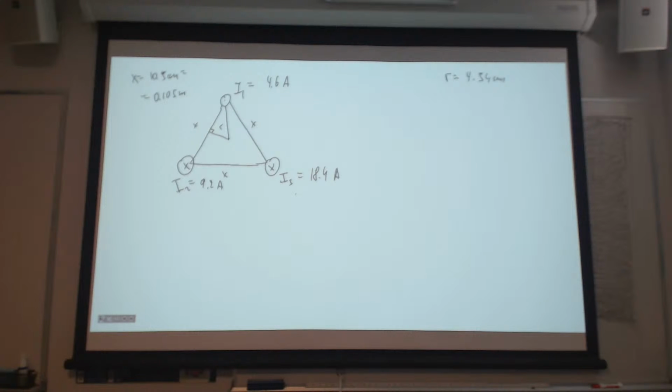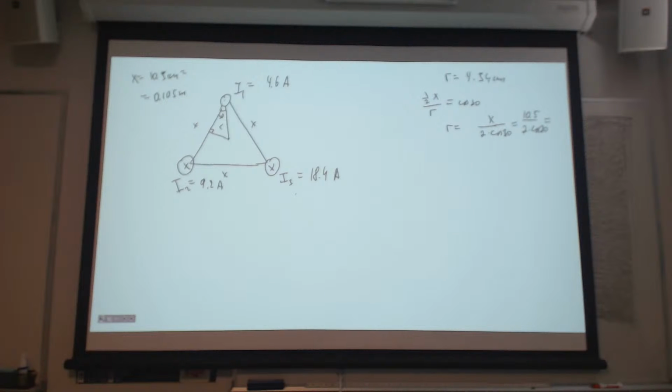Basically this is supposed to be 30 degrees. So a half of x over r should be equal to cosine of 30. So r should be equal to x over 2 cosine 30, which in centimeters is 10.5 over 2 cosine 30.